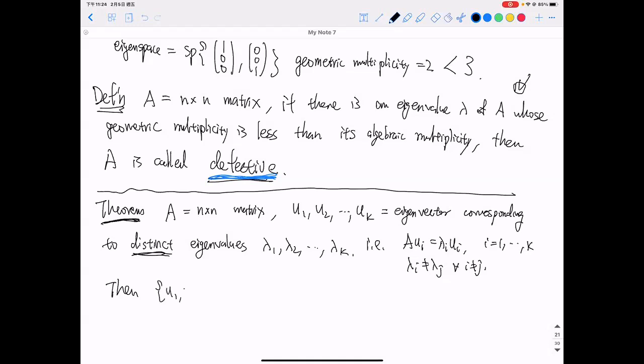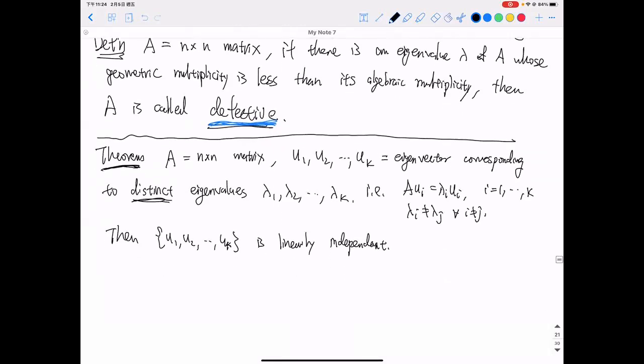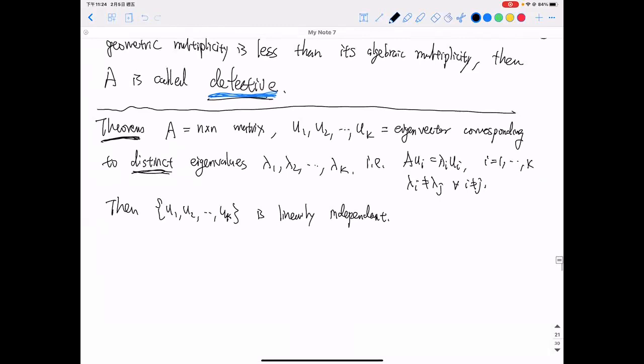Then this collection of vectors u1 through uk is linearly independent. Okay. Now, let's prove this. Proof.